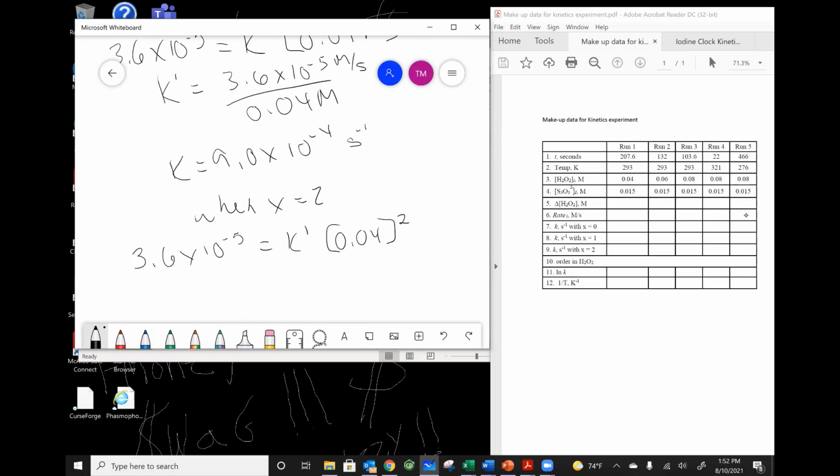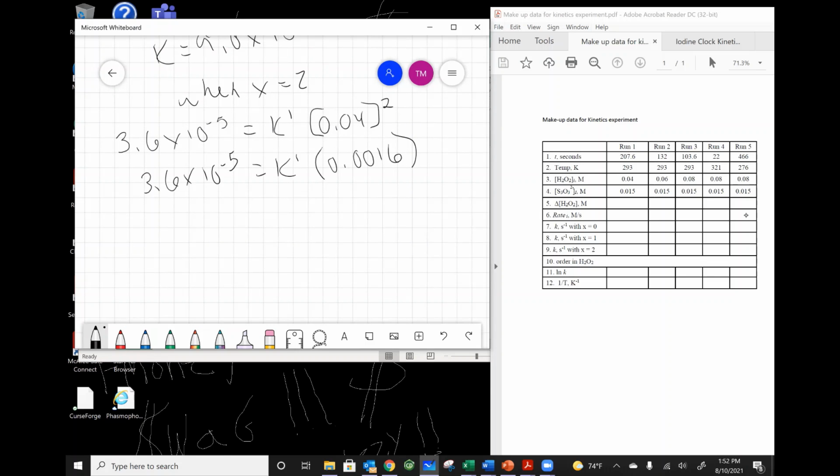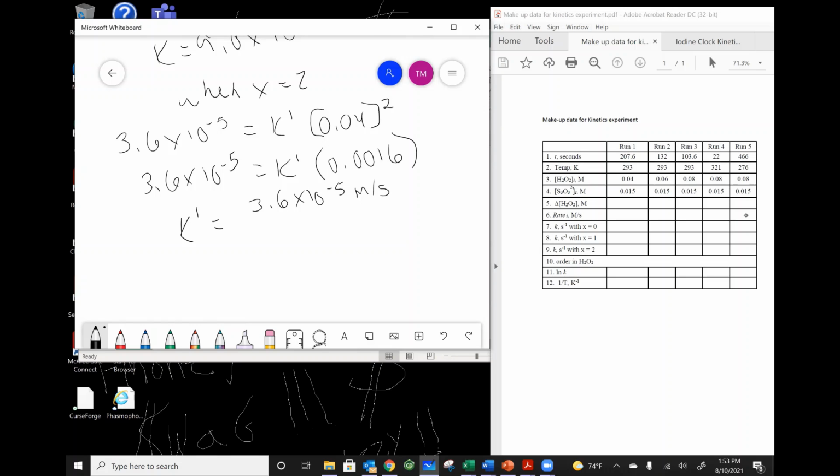So 0.04 times 0.04 gives us K prime times 0.0016. So K prime equals 3.6 times 10 to the minus 5 molar per second over 0.0016.